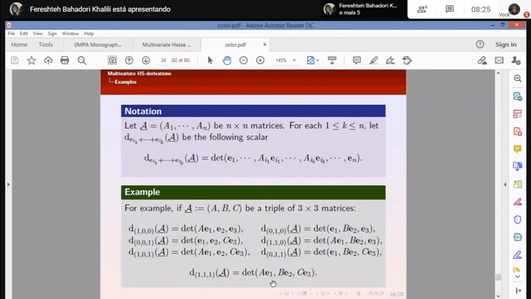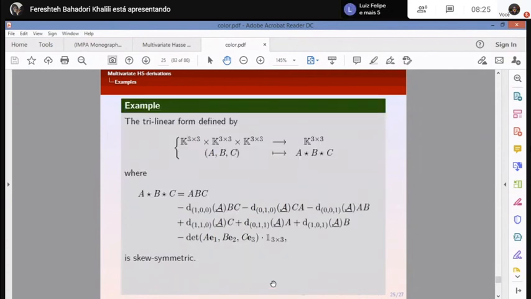Now, as an application, we can define this trilinear form, A star B star C, to be this form using these D's. Then the theorem says that this form is totally skew-symmetric, which means if we take the sum over all the permutations of A, B and C, what we get is 0.